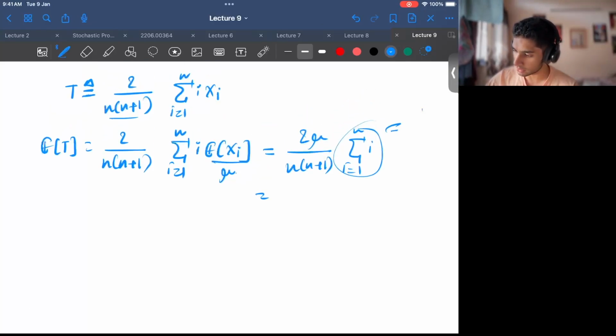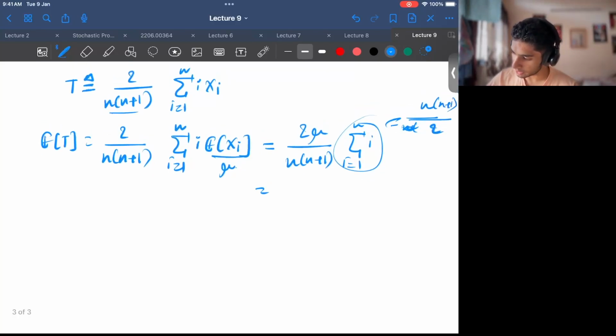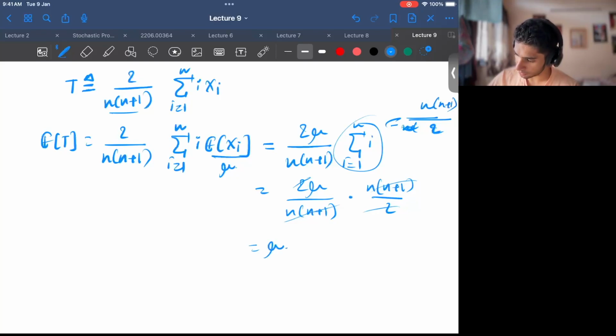I don't know if you remember, but this is equal to n into n plus 1 by 2. Substituting it, this will be 2 mu over n into n plus 1 times n into n plus 1 by 2. This cancels out and is equal to mu.